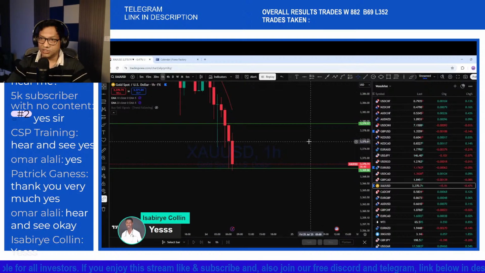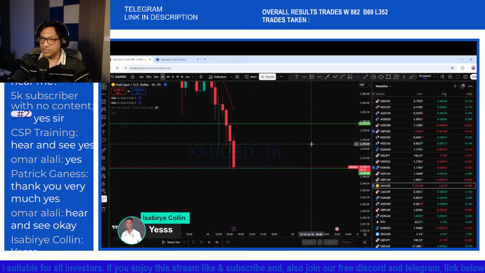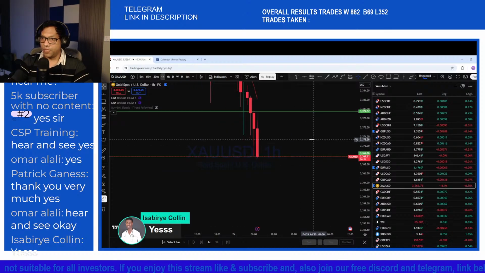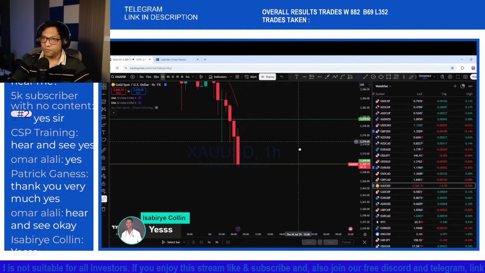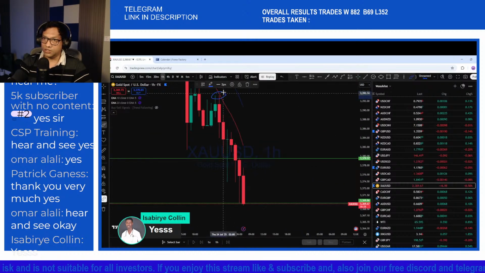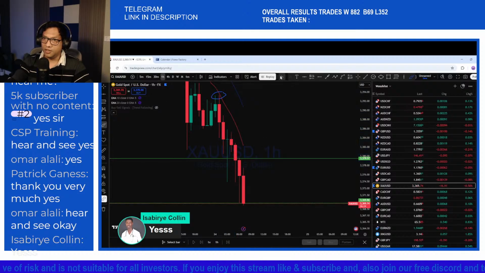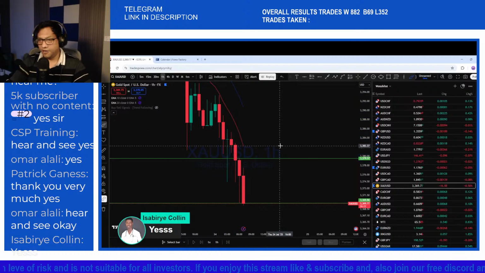So you can see this is the 1 hour price action, and that is basically a falling market. In this 1 hour price action, starting from here, you can see every 1 hour candlestick pattern creating a series of lower highs.